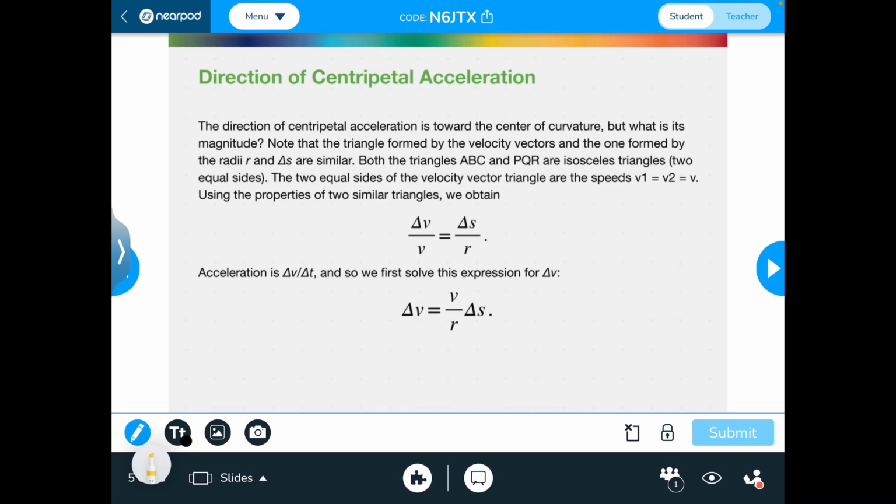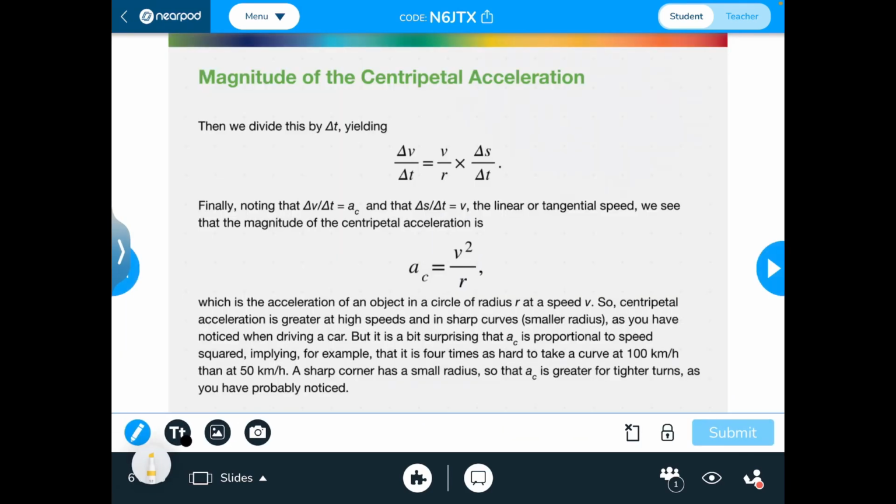If we solve this proportion for delta v, then we have v over r times delta s. Well, from our previous notes, if we divide both sides by delta t, on the left side we've got change in velocity over change in time. Going back to kinematics, the definition of average acceleration is a change in velocity over change in time. So we can change that to average acceleration, or just acceleration.